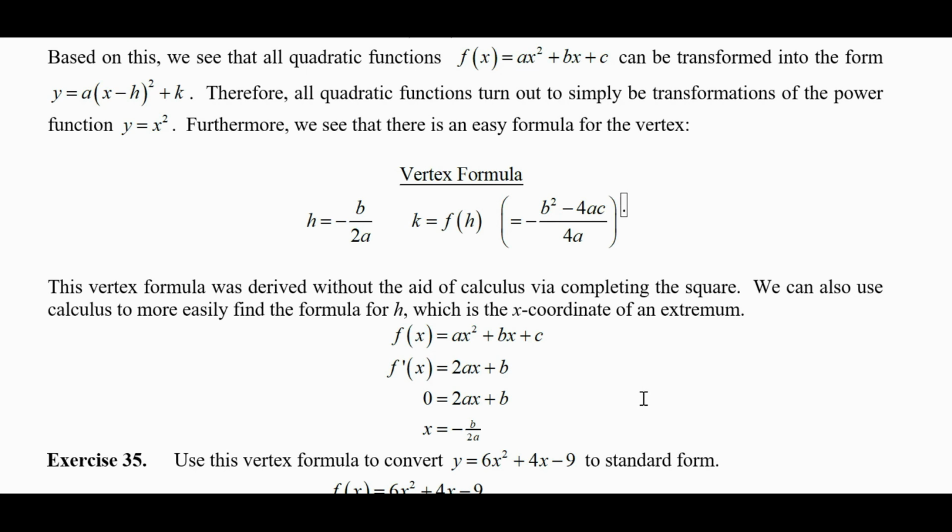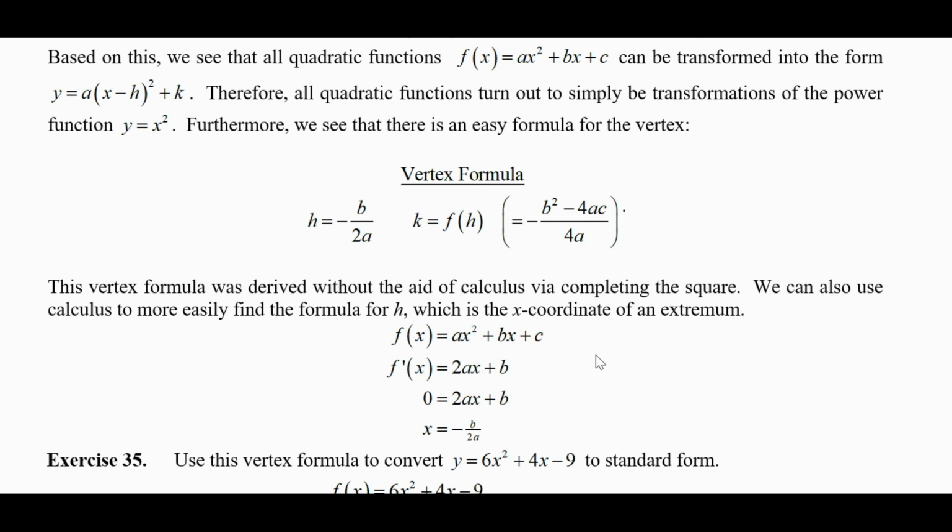Now we could have gotten that vertex formula with calculus a little bit maybe more easily. This was worked out as if we didn't know any calculus. This is the way we would do it in a pre-calculus class.